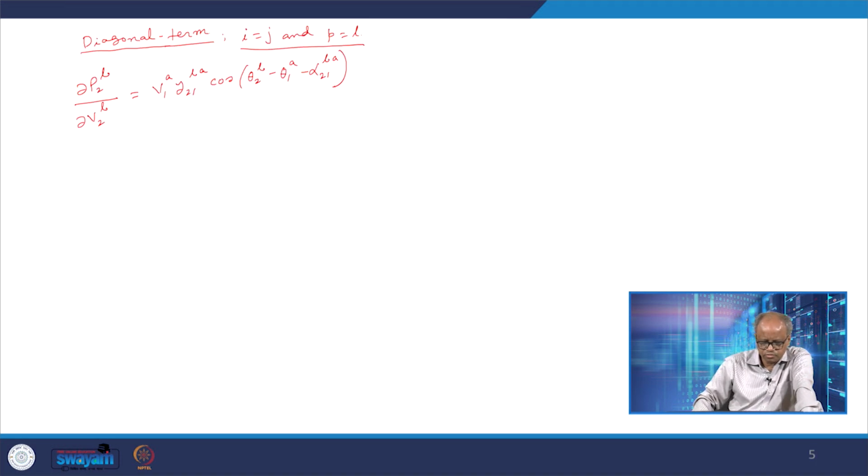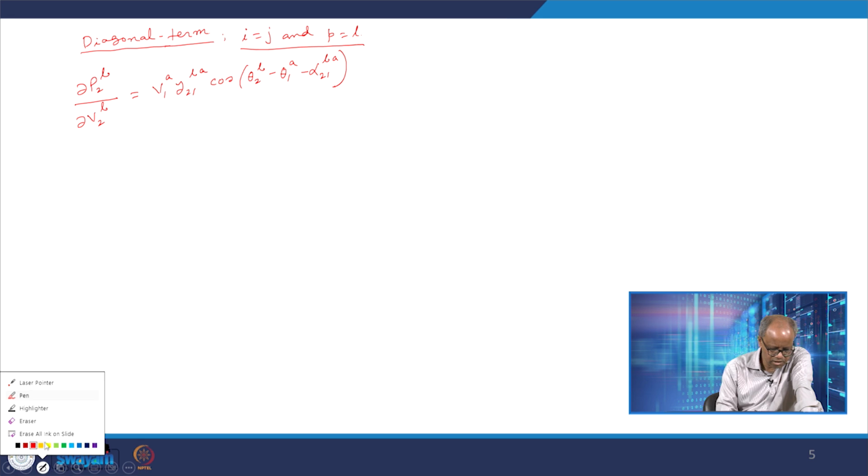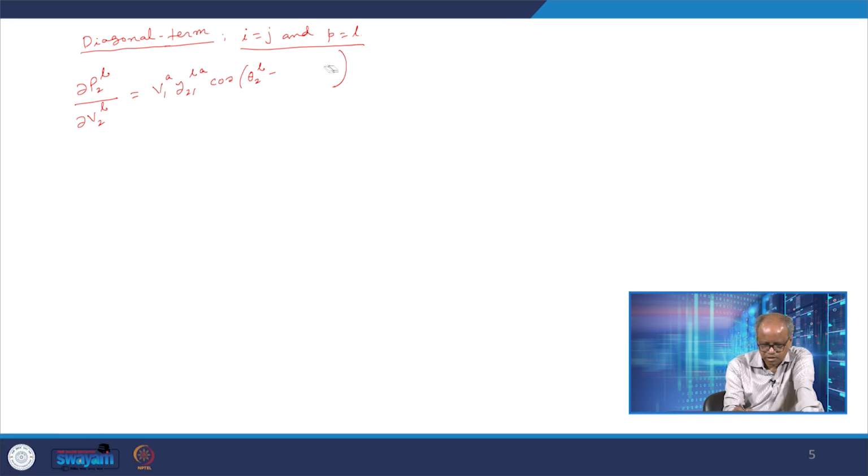So theta 1 is 0, so we can simply say that it is basically alpha 21BA.